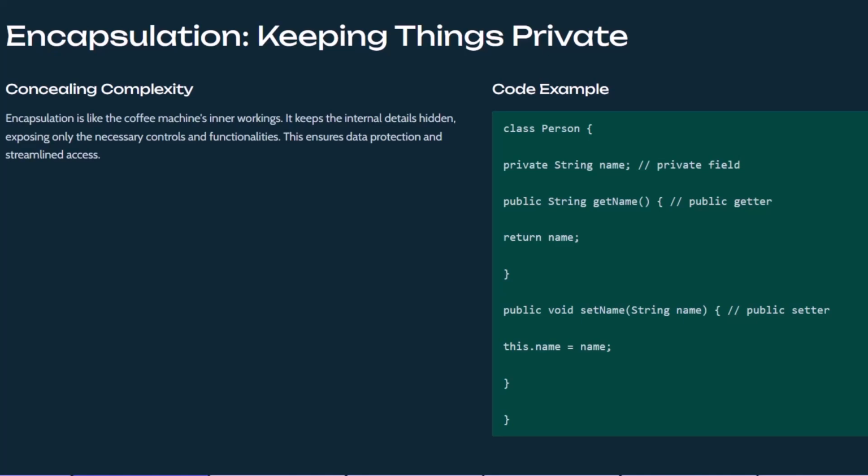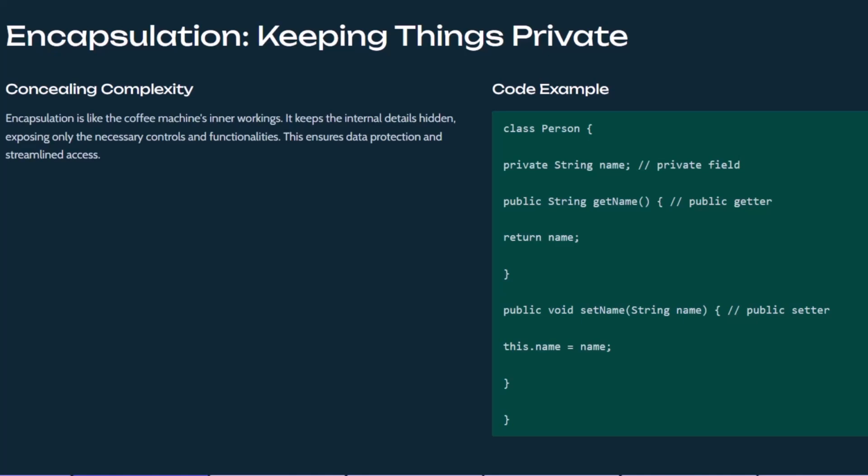This is encapsulation. Just as the coffee machine hides its internal workings, encapsulation ensures that a class keeps its inner details private, exposing only what is necessary through controlled interfaces.